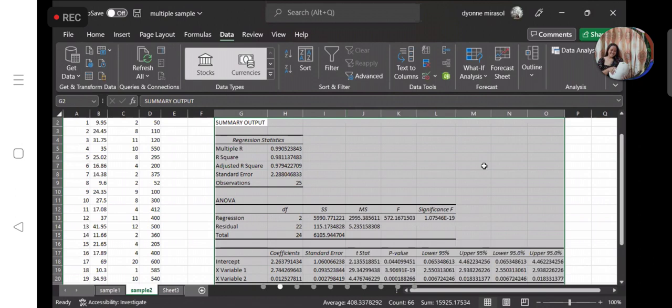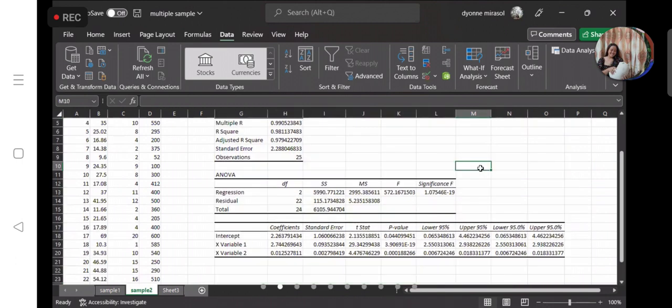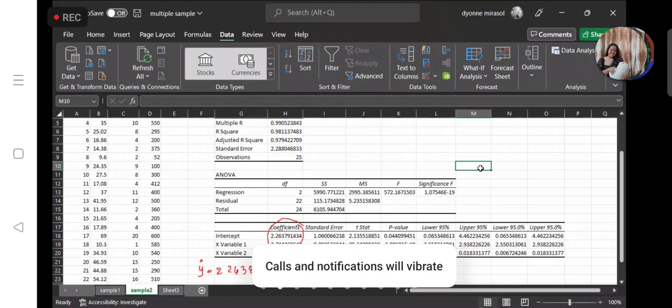So using this, we can conclude that our model is 2.2638 plus 2.7443 x1 plus 0.013 x2, using these coefficients.